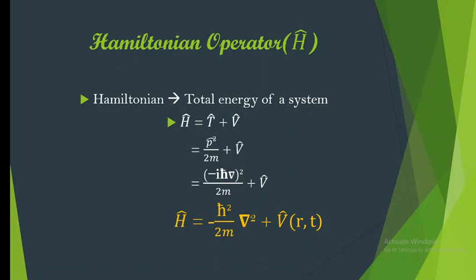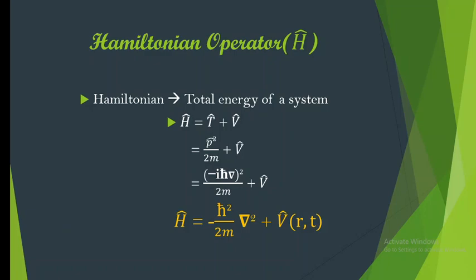If you consider the position operator, in classical mechanics we say it as x, y, z. But in quantum mechanics they are replaced by the operator form x cap, y cap, z cap. So in 3 dimensions it is going to be r cap. The momentum operator will be equal to minus i h cross dou by dou x.